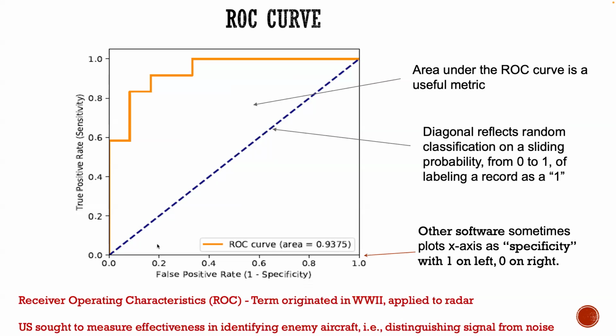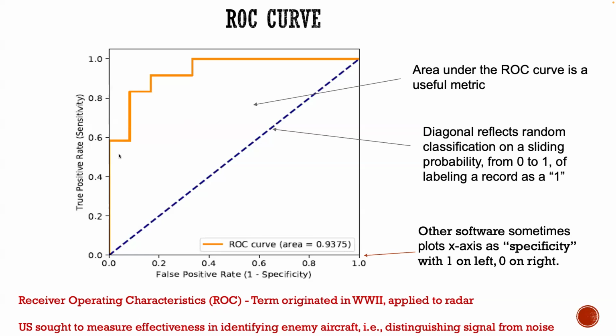Now, what we are doing here is looking at the area under this ROC curve. The diagonal is your random classification, just like the naive classification we talked about, randomly assuming that they belong to class 1 or class 0. If you do that, we basically have this diagonal line that captures the idea of random classification. But if we are using a data mining model, we are doing better than that.